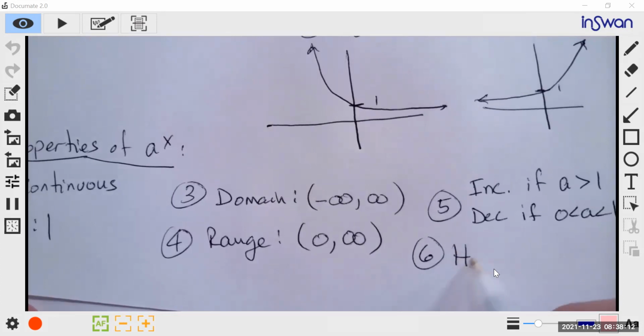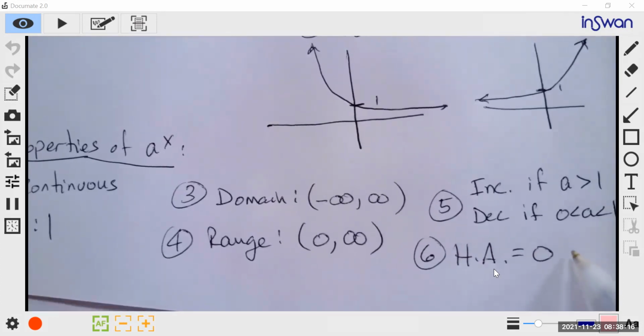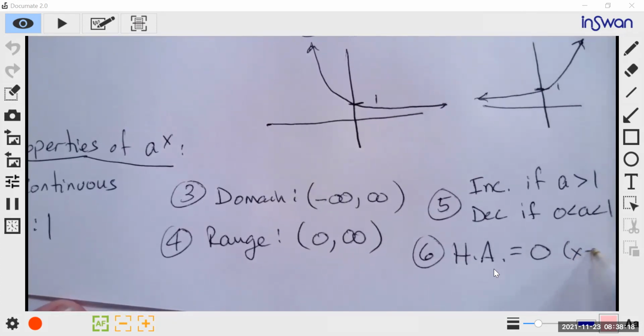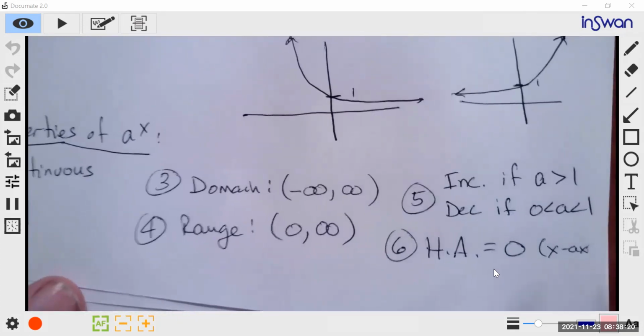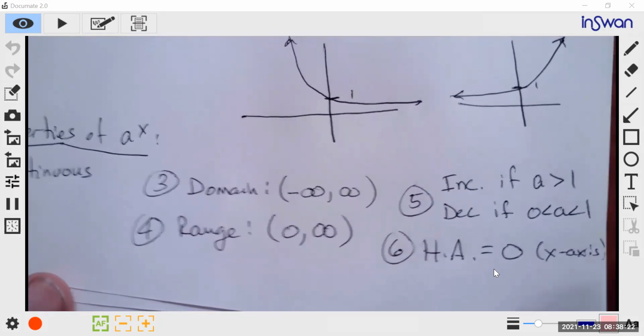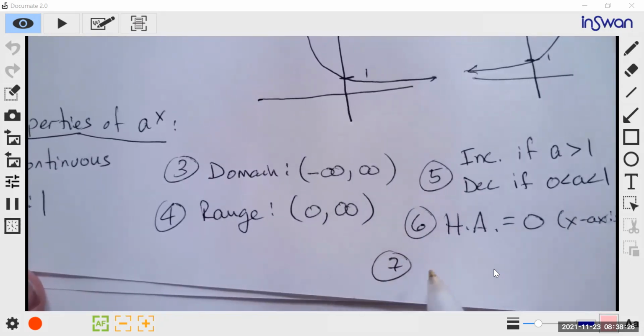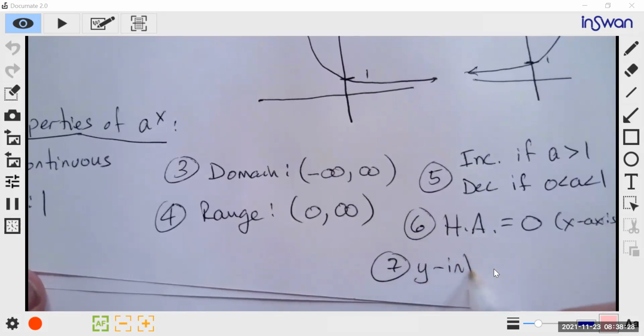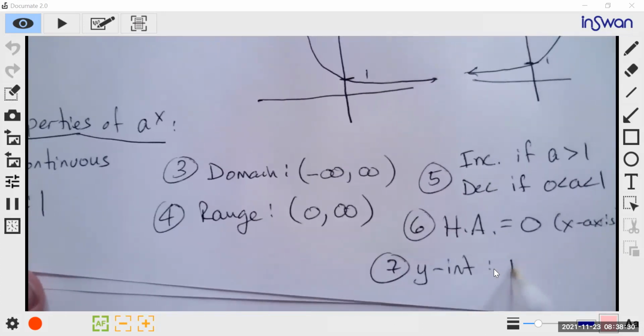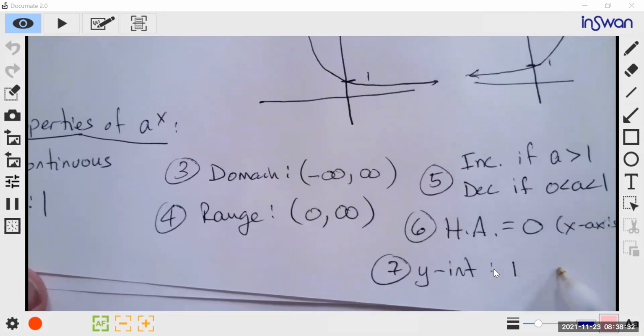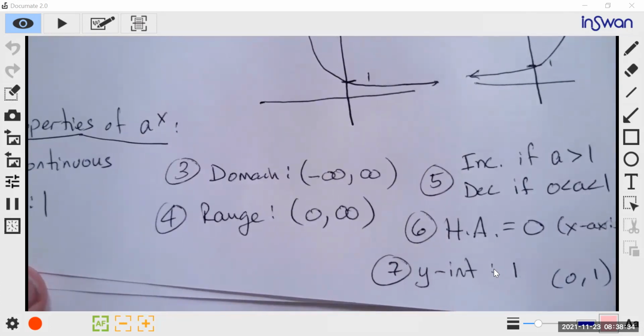The horizontal asymptote is 0, the x-axis. And the y-intercept is 1, at the point (0, 1).